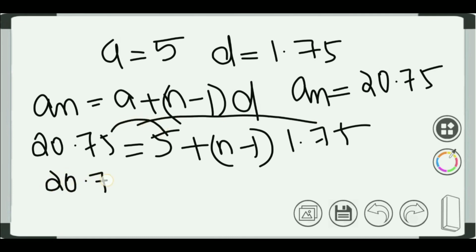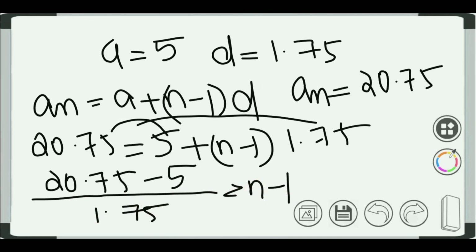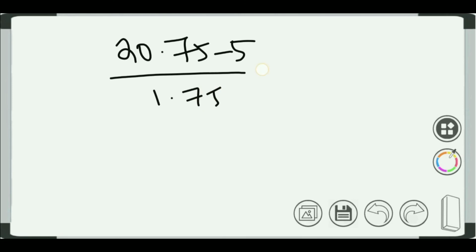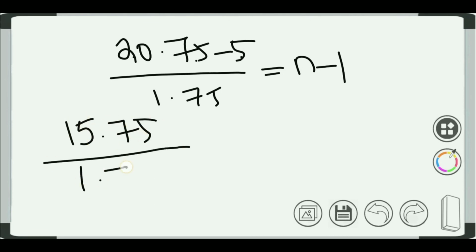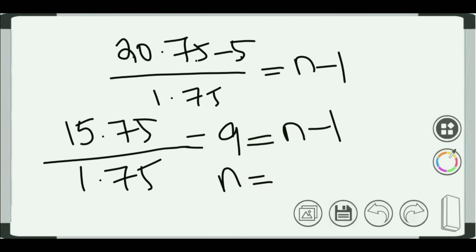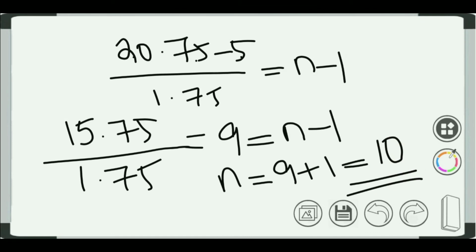So 20.75 minus 5 divided by 1.75 equal to n minus 1. So 20.75 minus 5, 15.75 divided by 1.75. See, 15.75 divided by 1.75 is 9. So 9 is equal to n minus 1. Therefore, n is equal to 9 plus 1, which is equal to 10. So you got the value of n as 10.